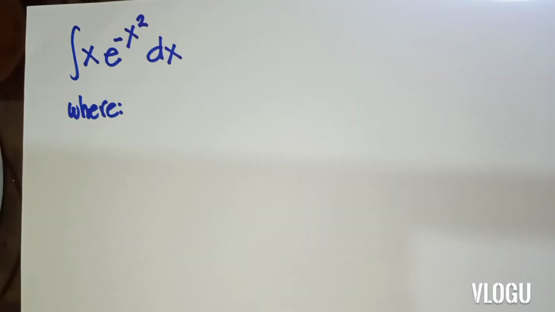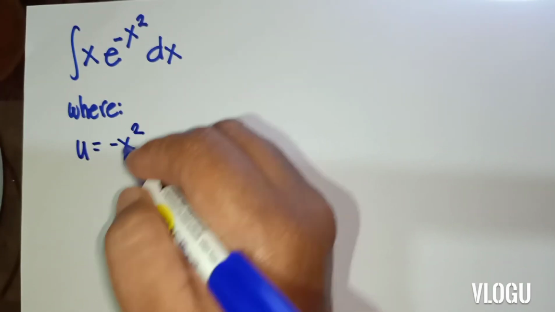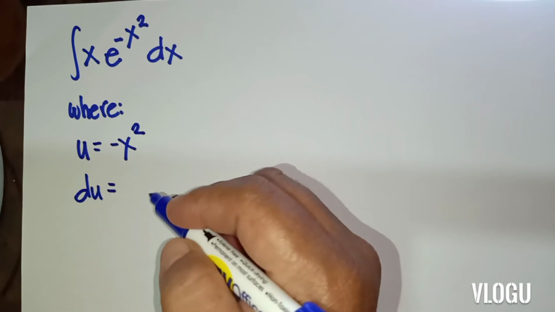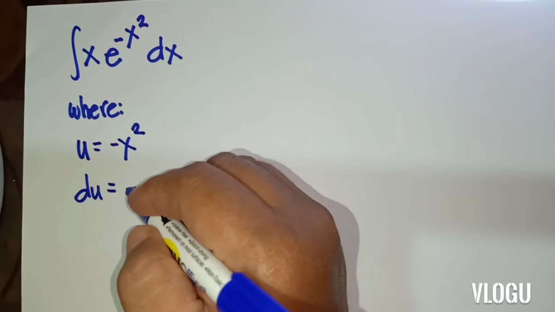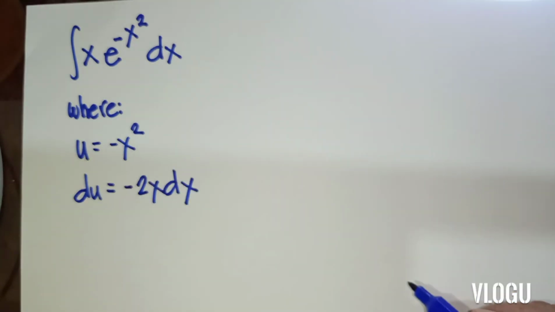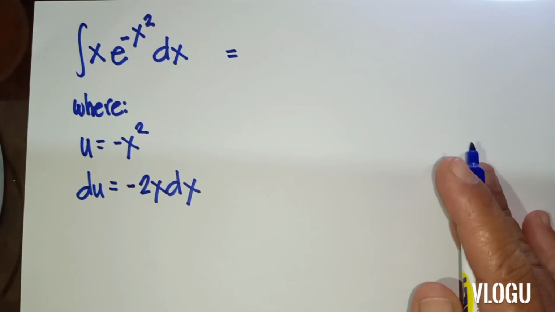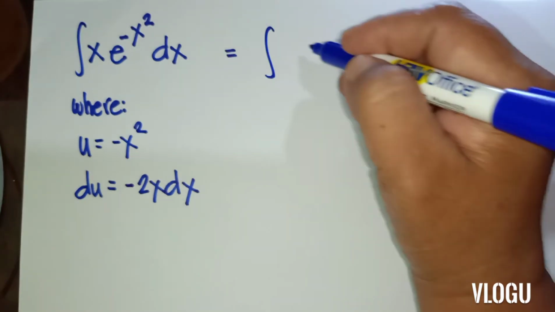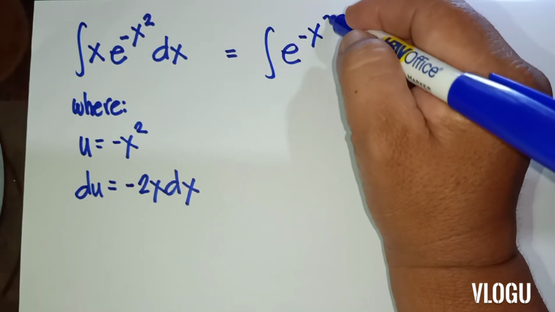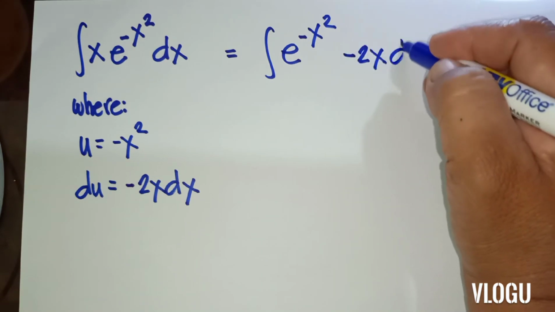The next example, we have the integral of x e^(-x squared) dx. So our u here is equal to negative x squared, du is negative 2x dx. So therefore, proceed to the solution. The integral of e^(-x squared) times negative 2x dx.